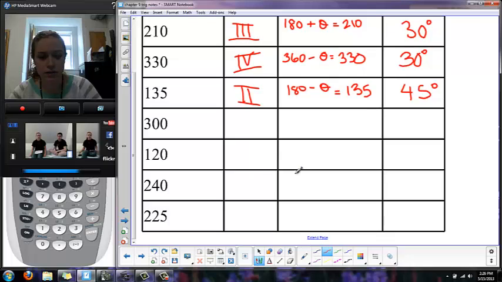Okay? 300, that is in the fourth quadrant. So 360 minus theta gives me 300. So what is theta? Theta is 60.